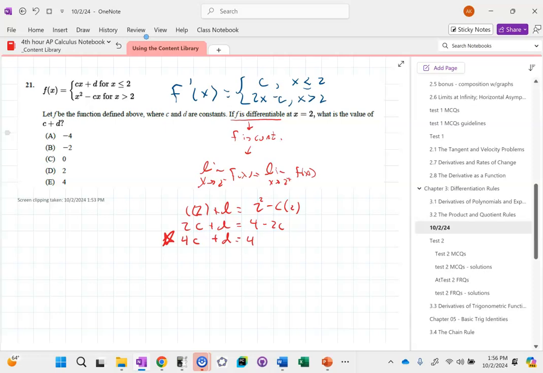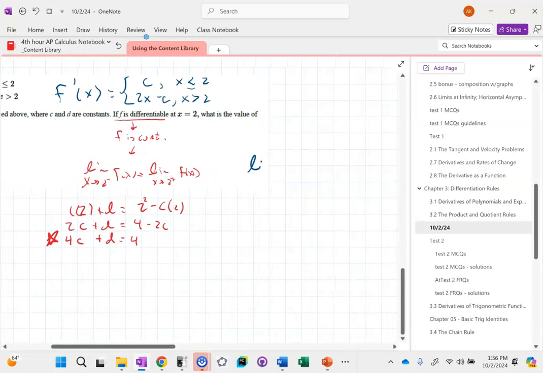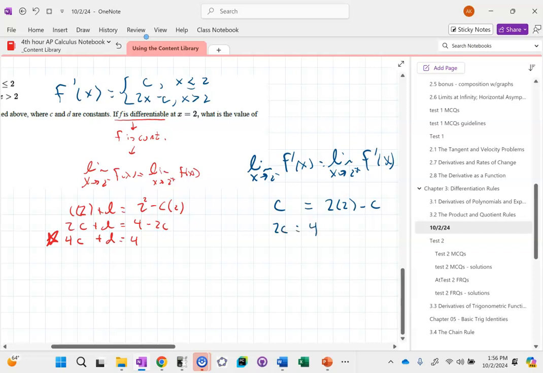And I can say the same thing, that the limit as x approaches 2 from the left of f prime of x has to equal the limit as x approaches 2 from the right of f prime of x. So I have c is equal to 2 times 2 minus c, or 2c equals 4, which I can solve to get c equals 2.